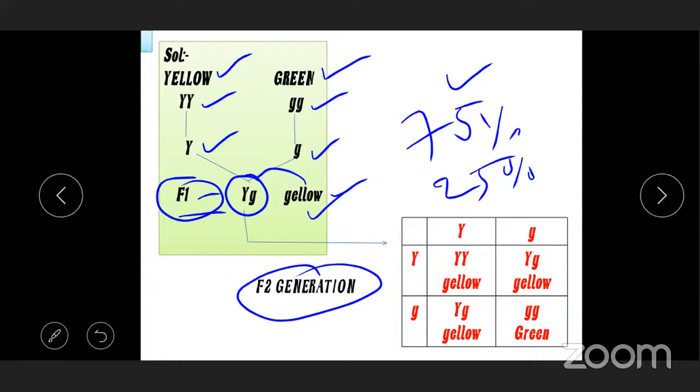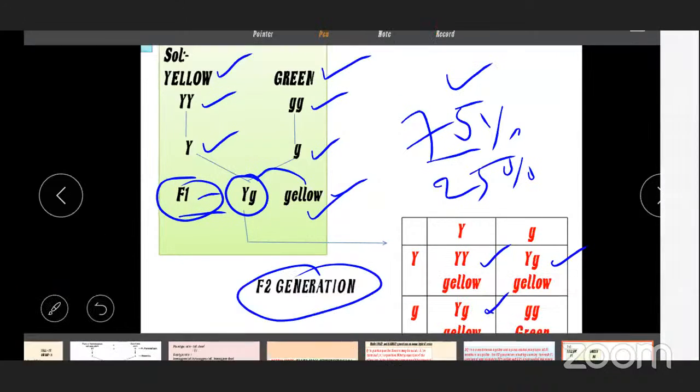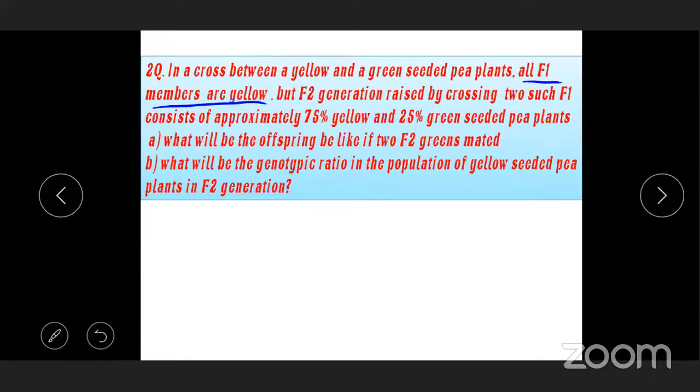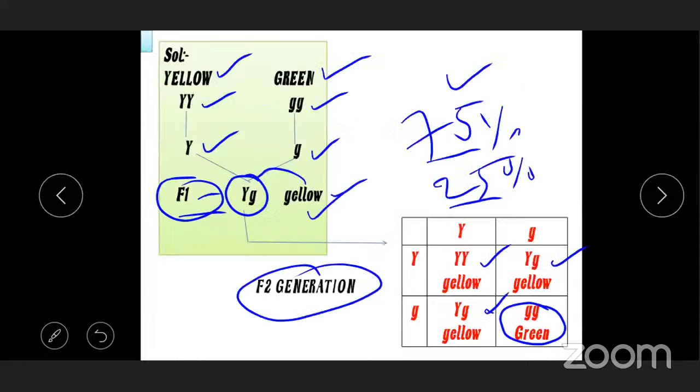If we observe the Punnett square, out of 100%, three parts belong to yellow, that is why 75% yellow. The remaining one is green, which is 25%. So in the F2 generation, 75% yellow and 25% green are produced. Satisfied?